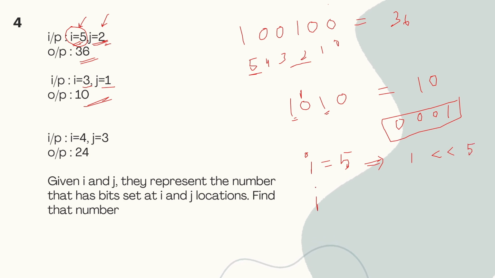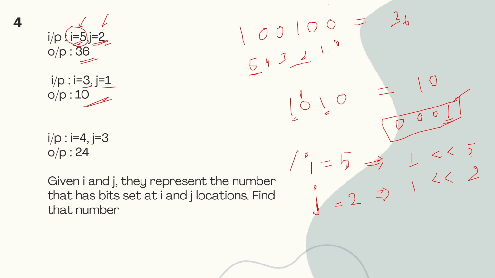Similarly, I want you to generate a number such that I want 1 to be at 2nd position. Simple again. Take the number 1, and left shift it 2 times. So if I take 1 and left shift it 5 times, then you can get your 1 at 5th position.